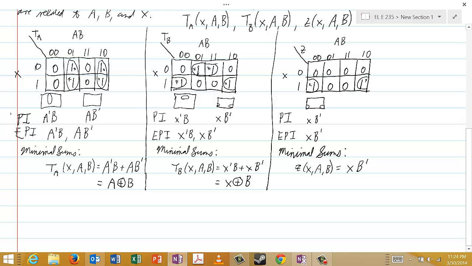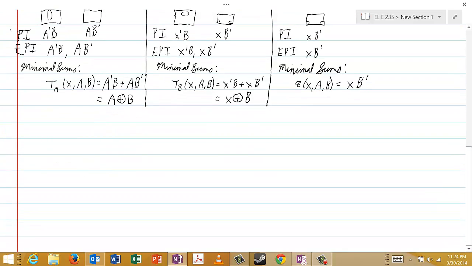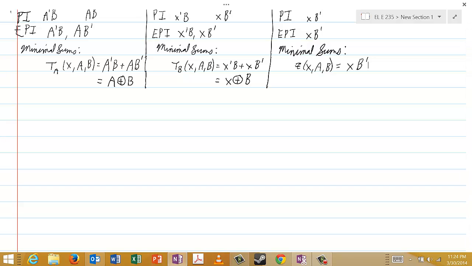And now that we have these expressions, we can go ahead and finish this problem in the following way.